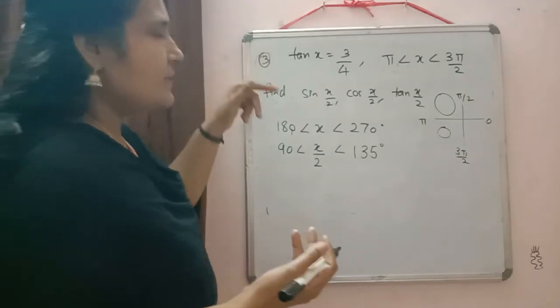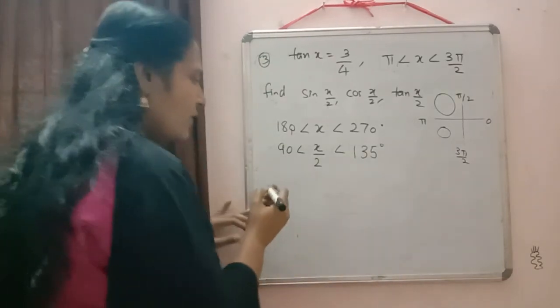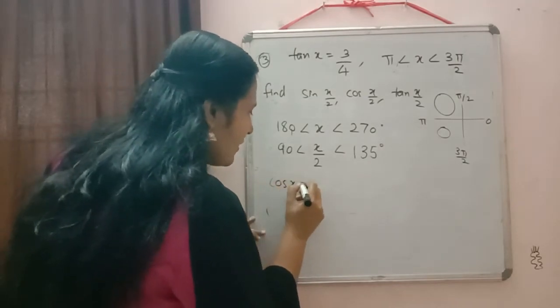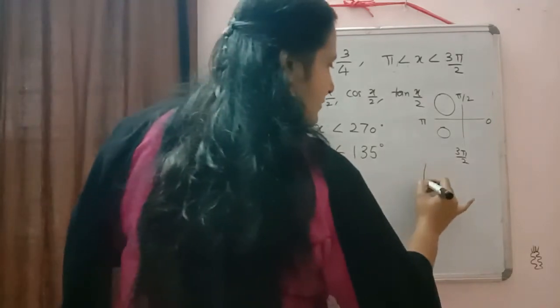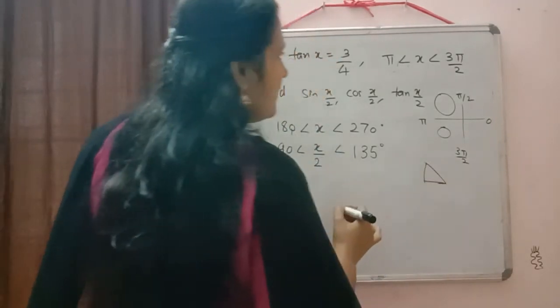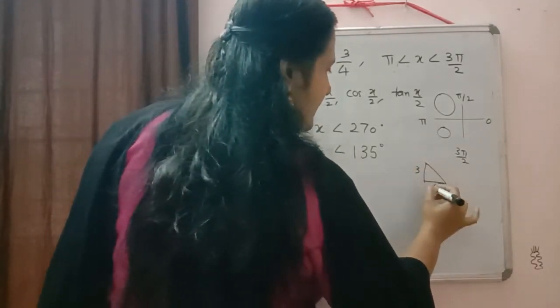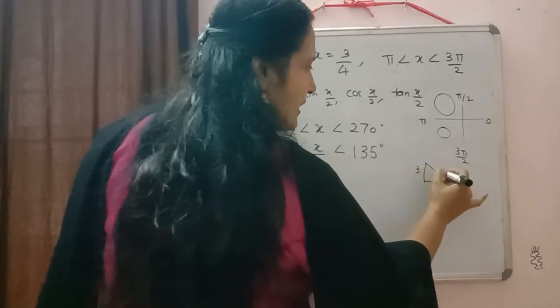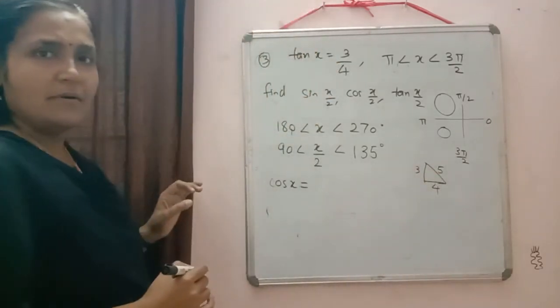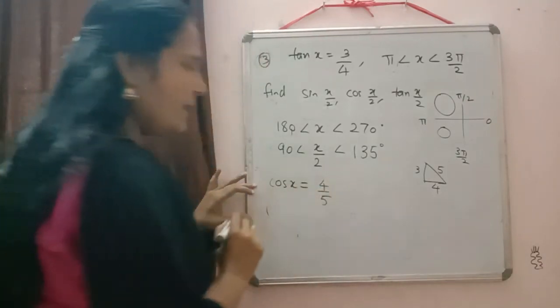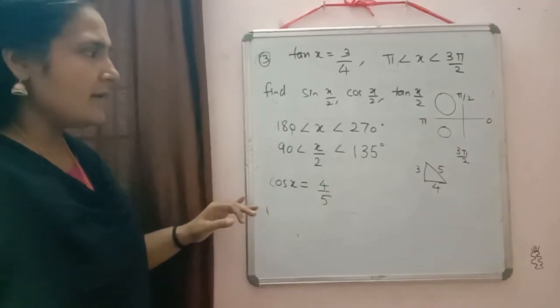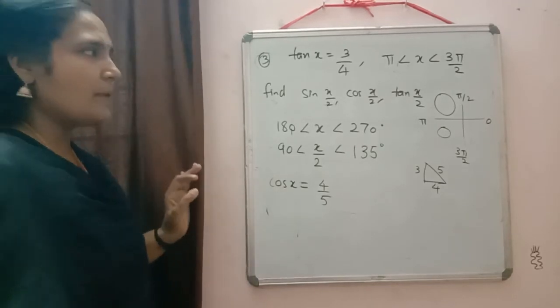So first, if tan x is 3 by 4, can you tell me what will be cos x? Tan x is 3 by 4 means 3 and 4 here, so automatically our hypotenuse will be equal to 5. So cos x will come 4 by 5. This is clear? Cos x is equal to 4 by 5.